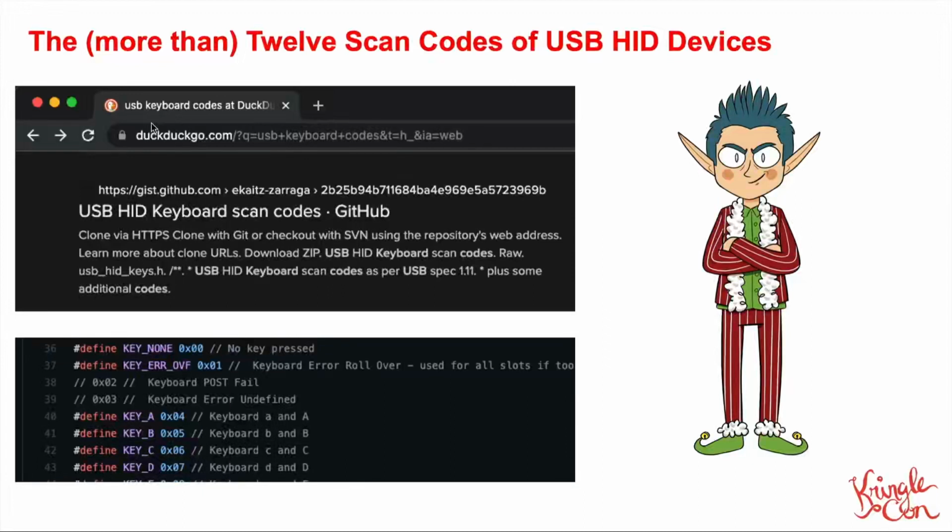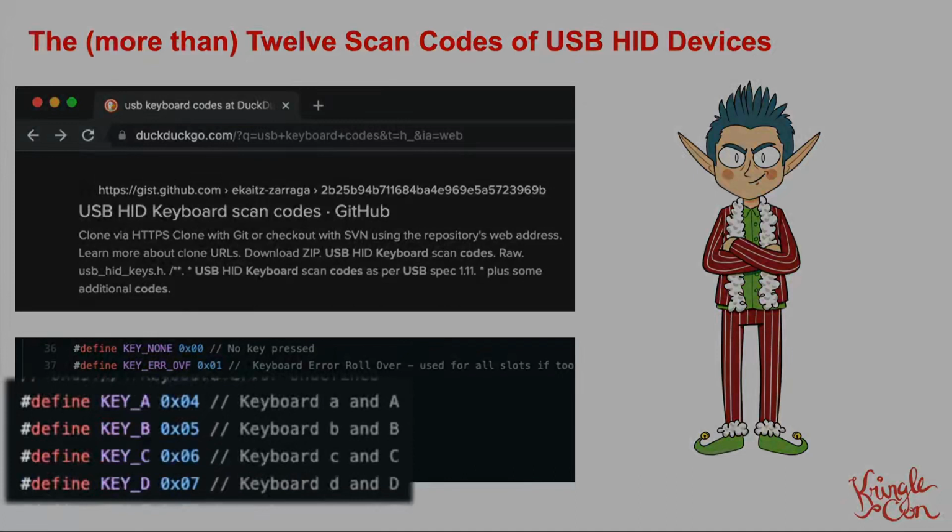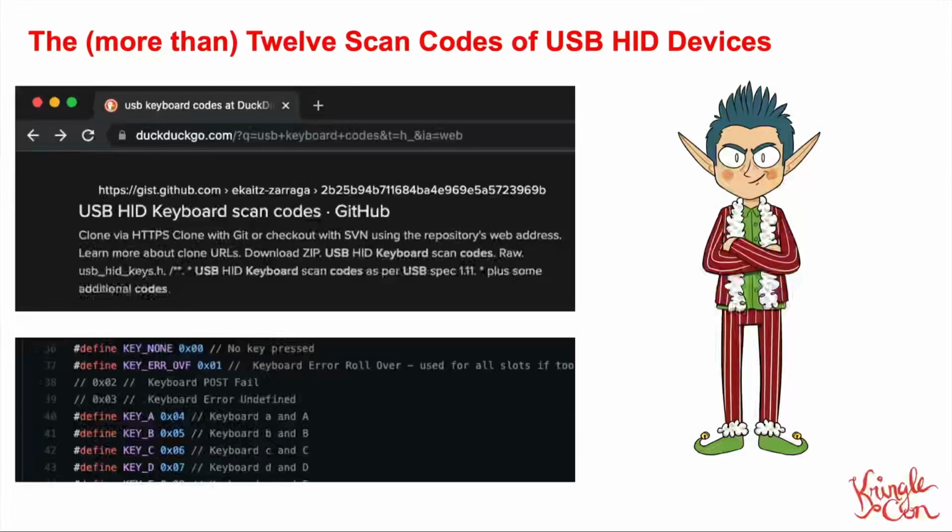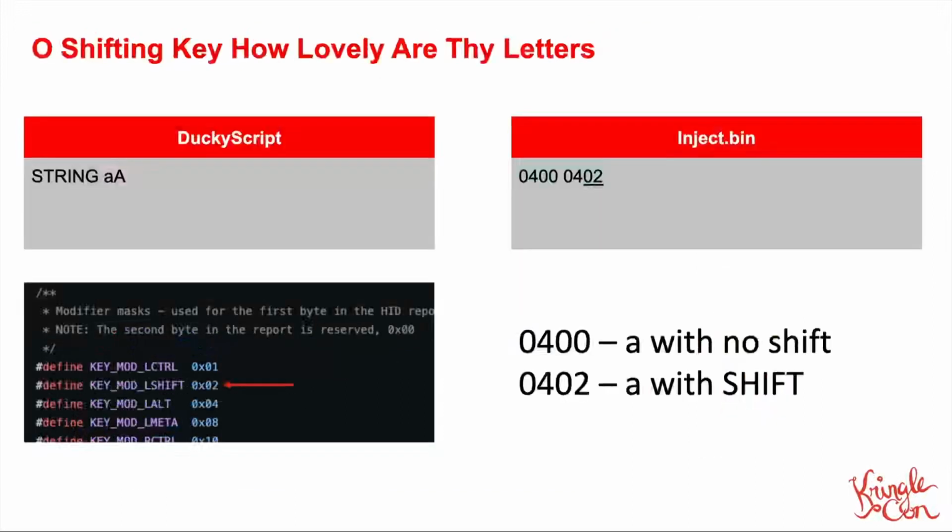So I went onto the internet and I found a list of USB HID scan codes. And this fantastic GitHub gist has all of the scan codes for USB. As you can see at the bottom here, the key A scan code is 04, key B is 05, key C is 06, which matches what we saw in the previous slide.